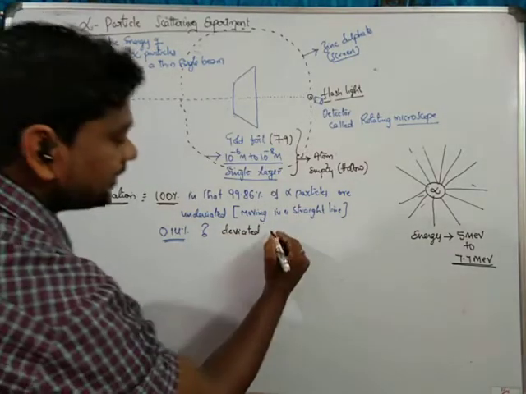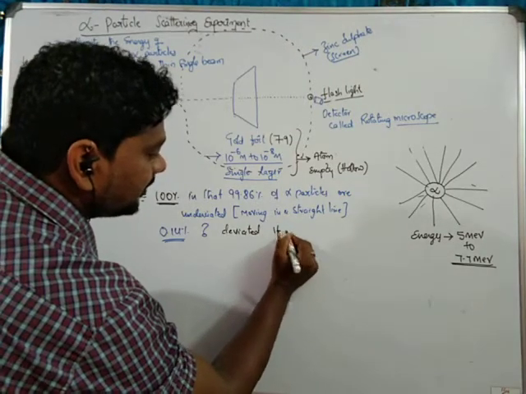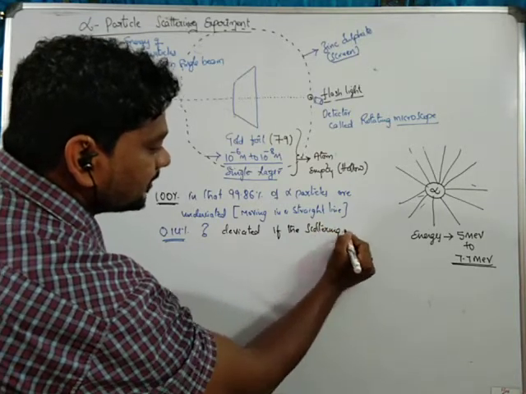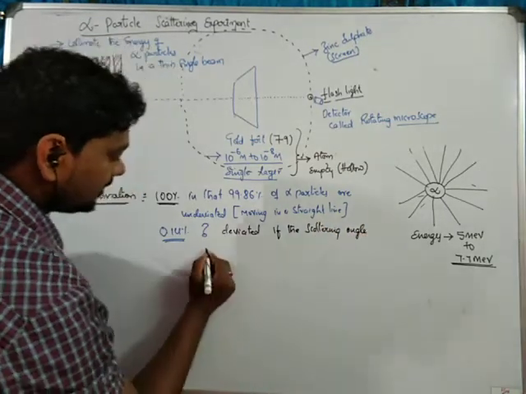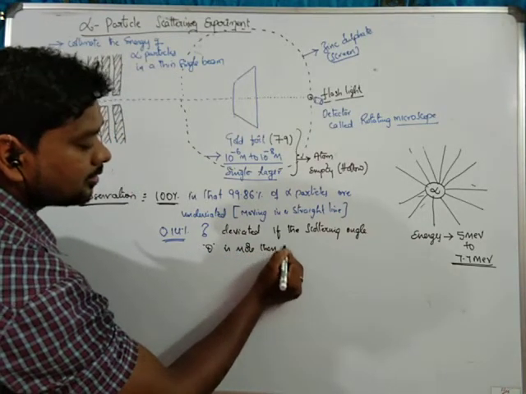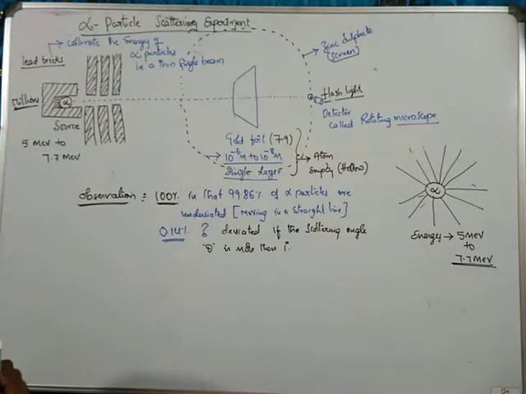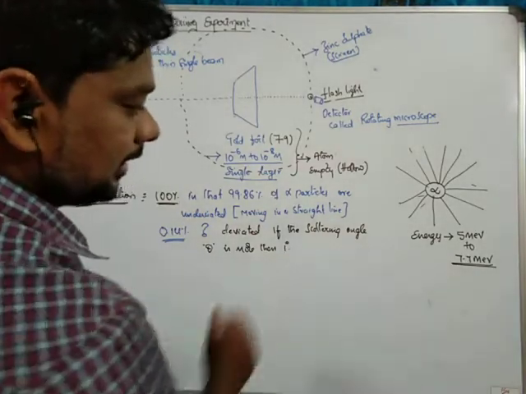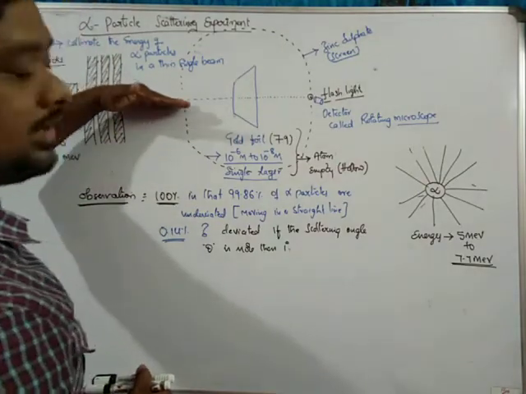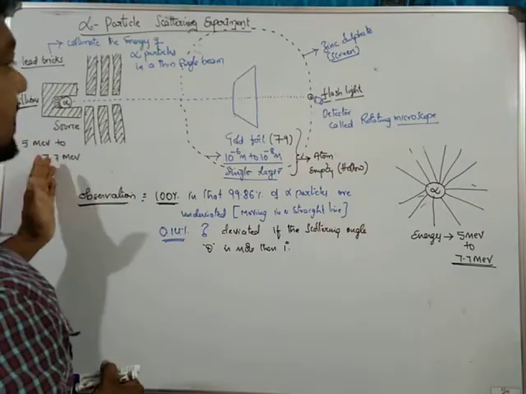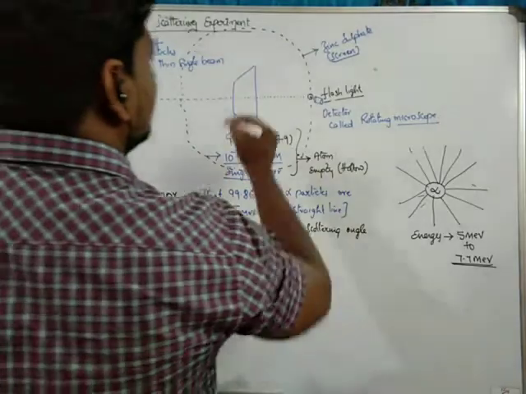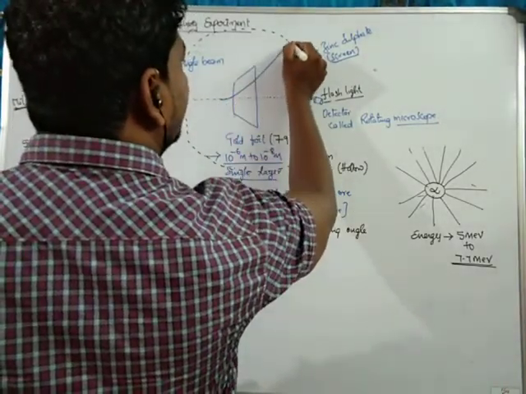They are deviated if the scattering angle theta is more than 1 degree. Sorry, here I did not mention the scattering angle. So whenever we are releasing alpha particles with some energy, which were moving in a straight line, at some points they deviate and strike somewhere.